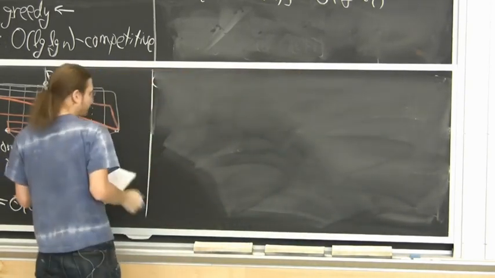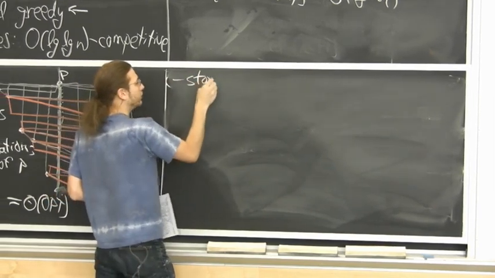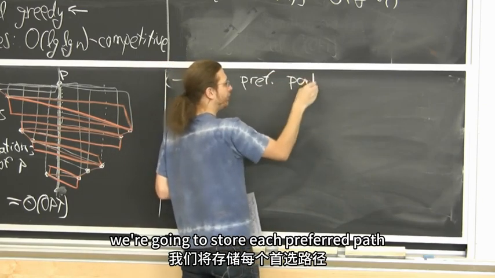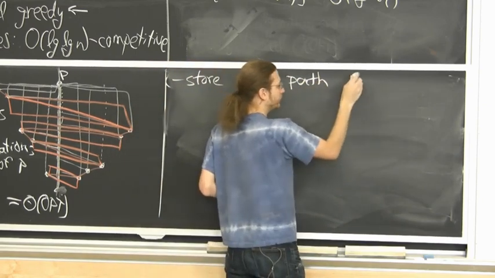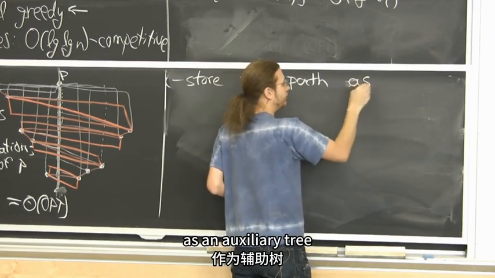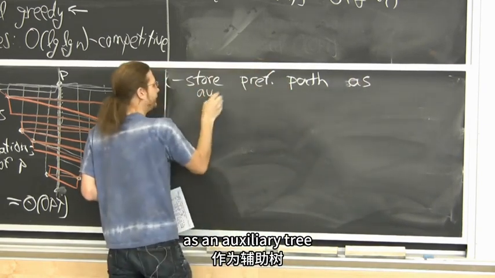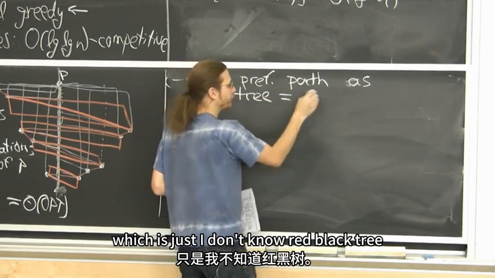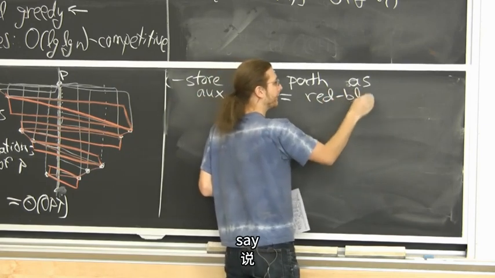So we're going to store each preferred path as an auxiliary tree, which is just, I don't know, a red-black tree, let's say.